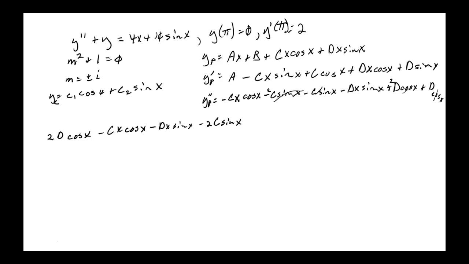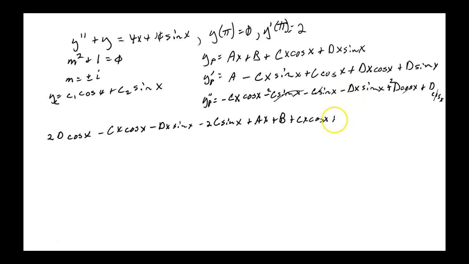Now we got plus y, no y primes in it, so that is plus ax plus b plus cx cosine x, plus dx sine x. That's supposed to equal, for x, plus 10 sine x.